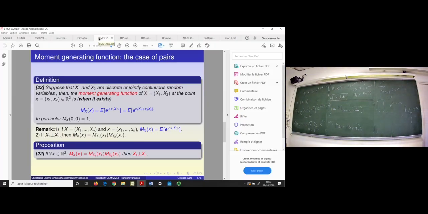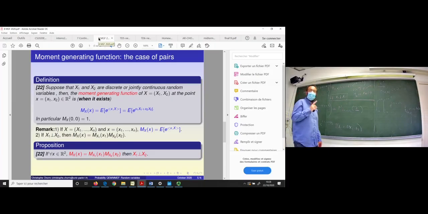Okay? And typically, we will see that after the holidays, that if I take x1, x2, so this pair that is, let's say, a Gaussian vector, I don't have given the definition for the moment, whatever, that is the natural extension of what is a Gaussian dimension 2. And we will prove with this nice property here that if I have a Gaussian vector, the components are independent if and only if the covariance is 0.